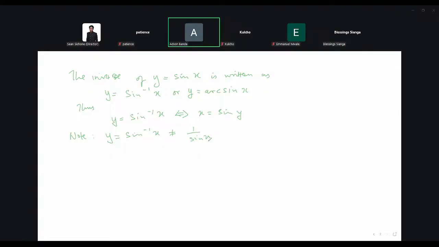Right, so that's the first note. The second note that I can give you is the following. Number two, the graph of y equal to the sine inverse of x is a reflection.